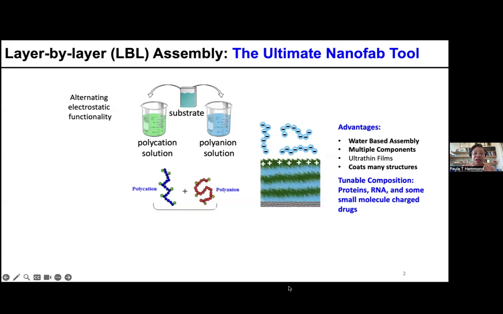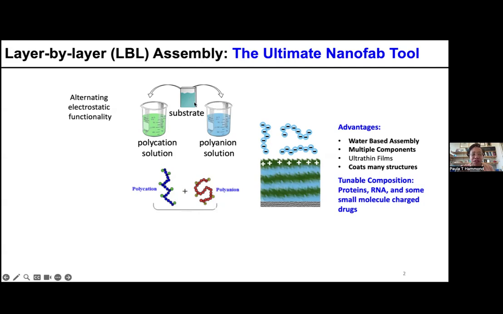That polymer chain will adsorb along the surface of the substrate until ultimately that surface charge gets reversed. And then anything else that comes toward it will be repelled. So you have no more deposition, and you have this monolayer of polymer that has adsorbed.